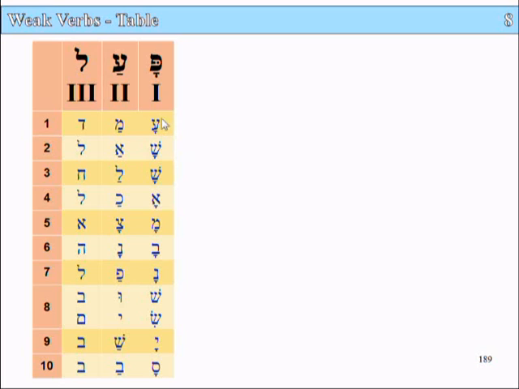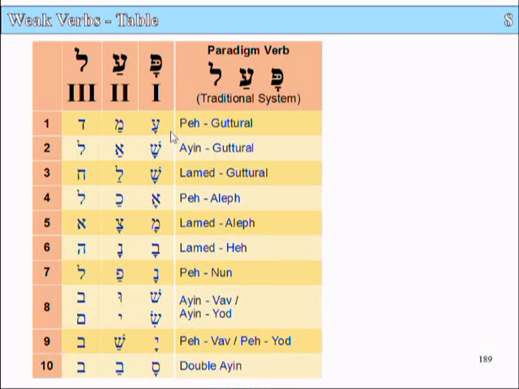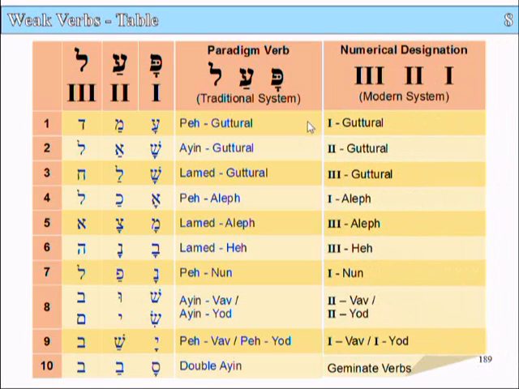The first one has a guttural in the first position, so according to this nomenclature, it's called a pay guttural. In the more modern system, it's called a one guttural. So in any case, an ayin is a guttural.